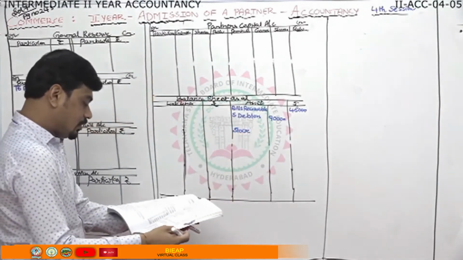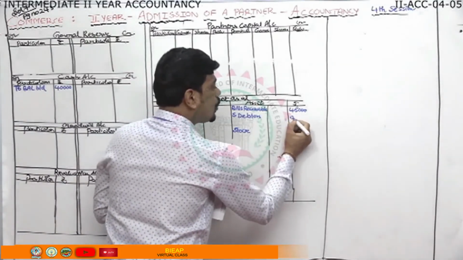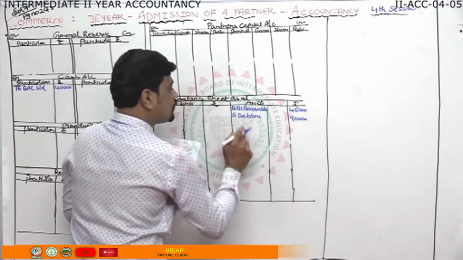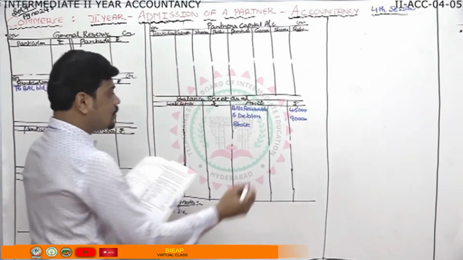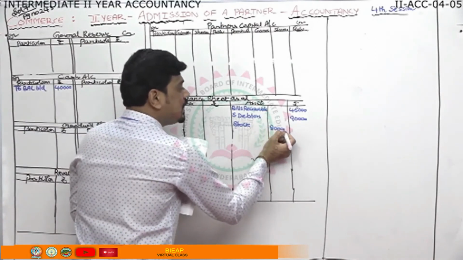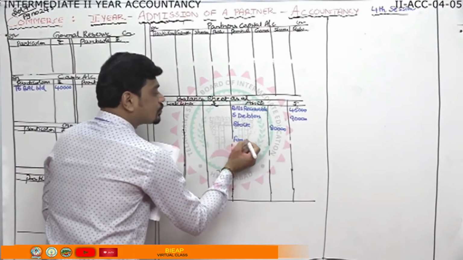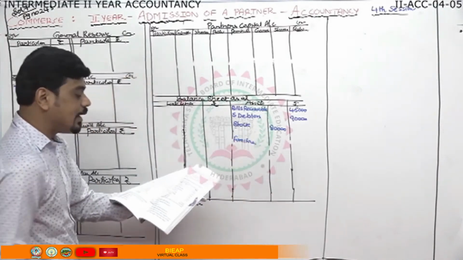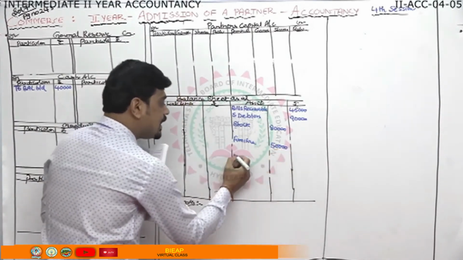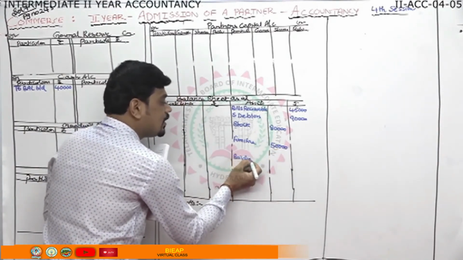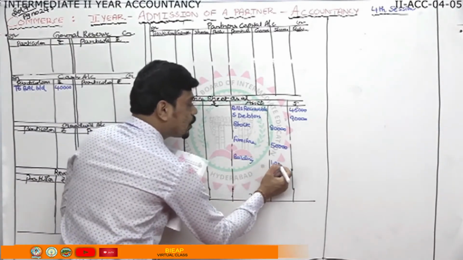Even on sundry debtors there is no adjustment here, so you can write in the outer column 90,000. Then stock. Stock carries an adjustment, so inner column 80,000. Followed by furniture. Furniture has an adjustment, amount 50,000. Building has an adjustment, 1 lakh, inner column.